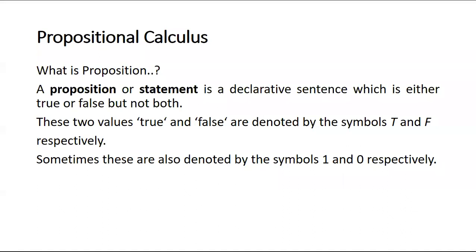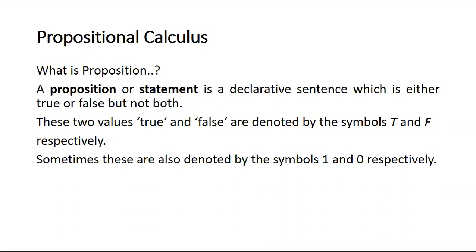A proposition or a statement is a declarative sentence which is either true or false, but not both. Those statements we are going to take as propositions. These two values, true and false, are denoted by the symbols T and F, T for true and F for false respectively.